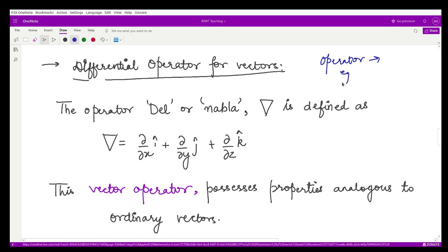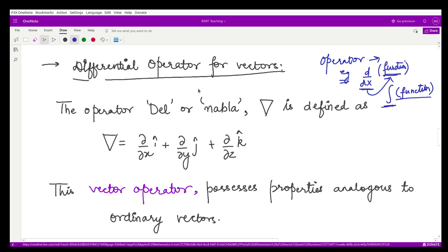For example, this d by dx is an operator. You can apply it onto some kind of function. Similarly, you have studied integration, so this is an operator which you could apply onto some function, right? There is no meaning of the existence of these operators individually; they have meaning whenever you apply them to some kind of function.